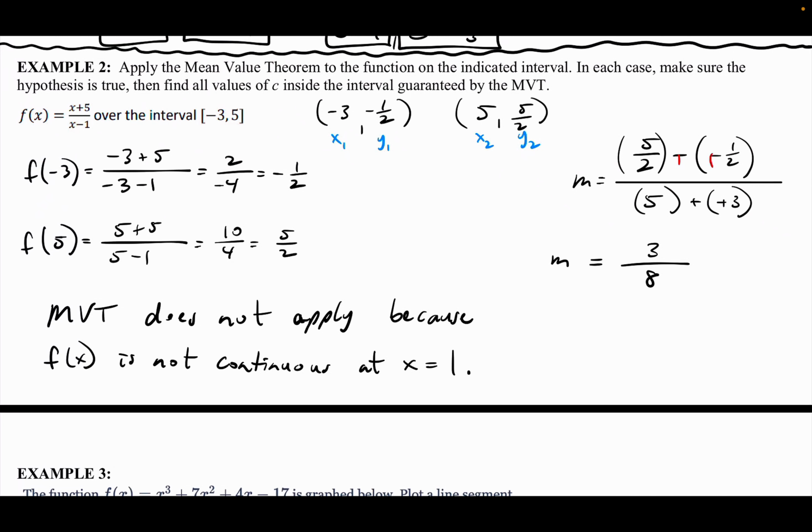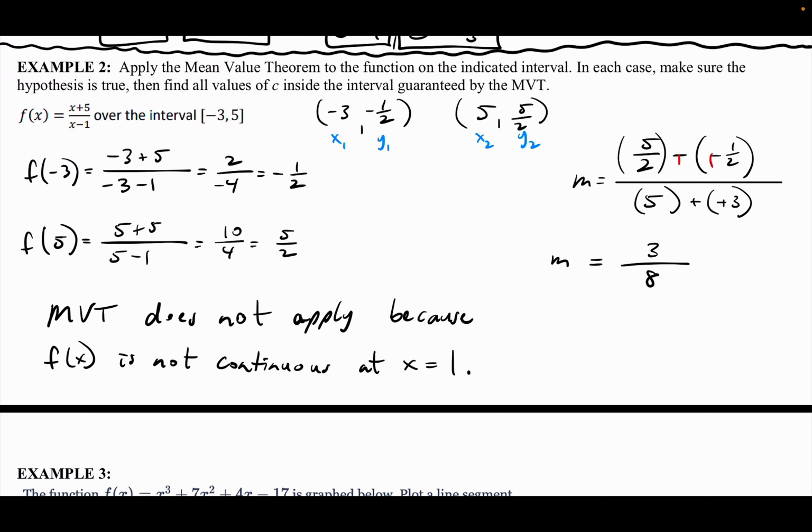So if it doesn't meet the condition, okay? It's ineligible. It's ineligible for this to happen. So yeah, you would have got an answer.